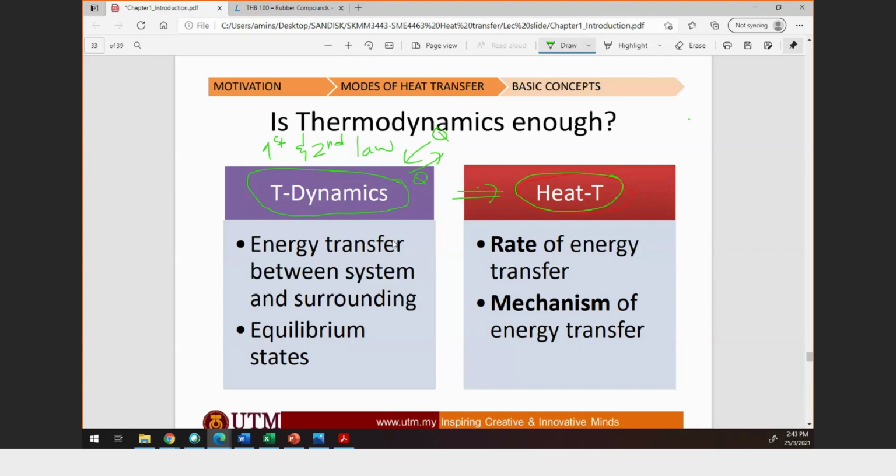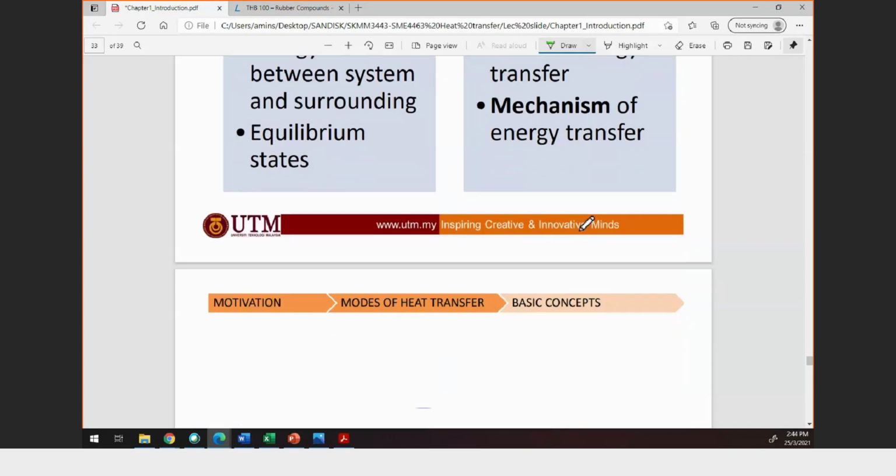So here the Q will be classified into Q by conduction, Q by convection, and Q by radiation. Whether the Q is used in the first law or the second law, it will define from what mechanism the heat transfer can be calculated. So that is the reason why you learn heat transfer.